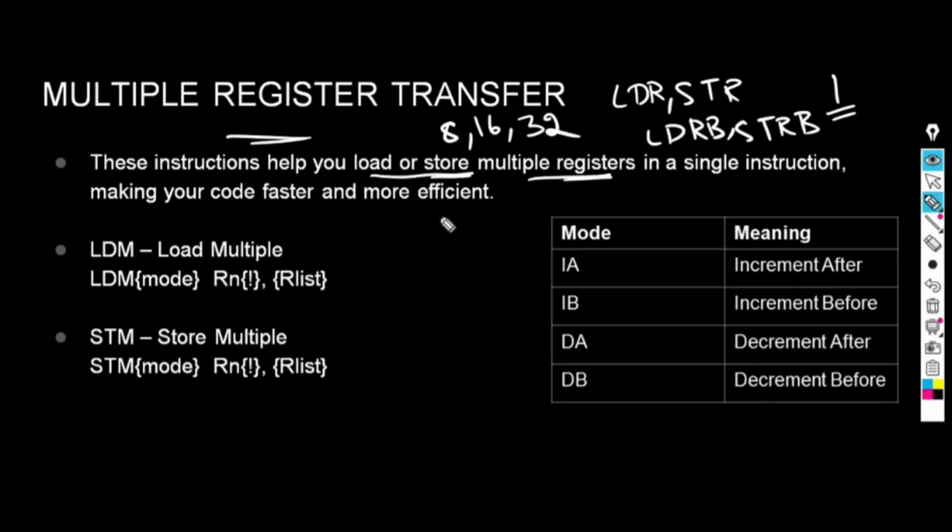But here we are discussing instructions which will not only load one particular content, instead multiple register contents are either shifted to the memory location or multiple data values stored in the memory location are shifted to multiple registers.